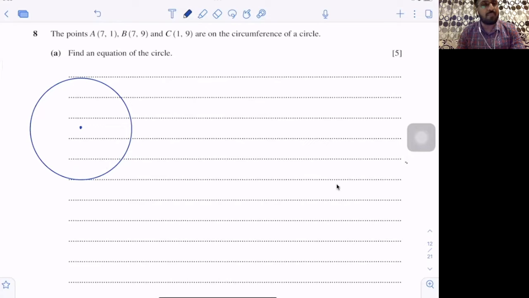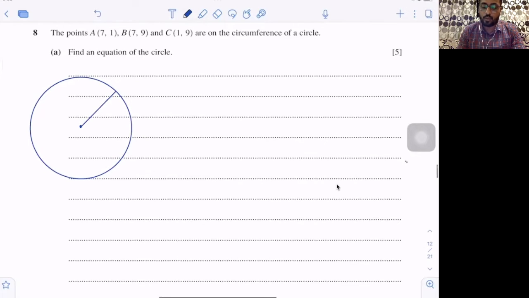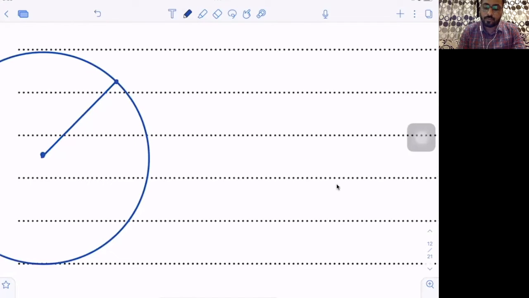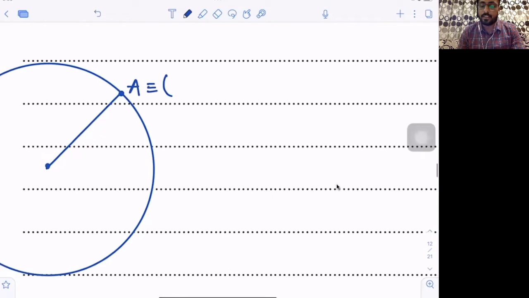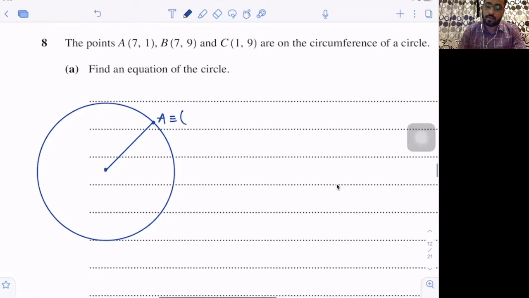There are 3 points A, B, and C. I can take the point A maybe somewhere here. This is point A, and the coordinates of point A are given to us as (7, 1).